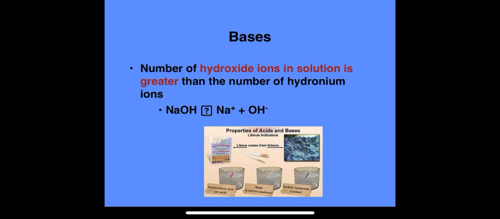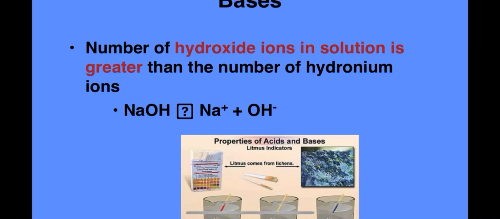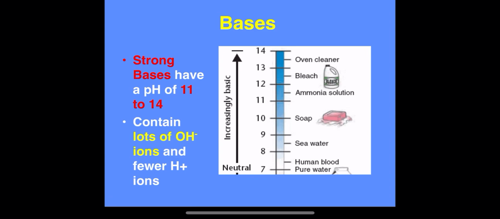For bases, the number of hydroxide ions in solution is greater than the number of hydronium ions. So as shown on the figure are the properties of acids and bases in litmus indicator. Strong bases have a pH of 11 to 14, and contain lots of hydroxide ions and fewer hydrogen ions.